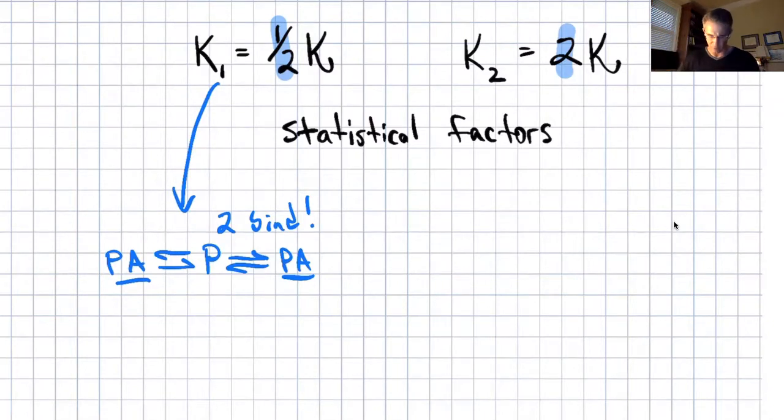So another way to think about this is that the concentration of free sites is like 2-fold compared to the situation where you have PA, to form PA2. If you already have PA formed, whether it's on the A side or on the B side, there's only one way to bind, but there are 2 ways to dissociate.